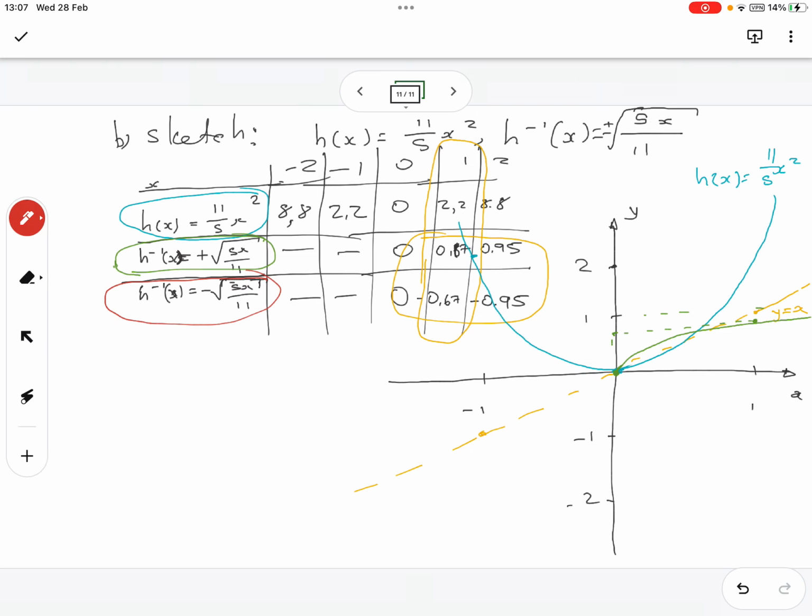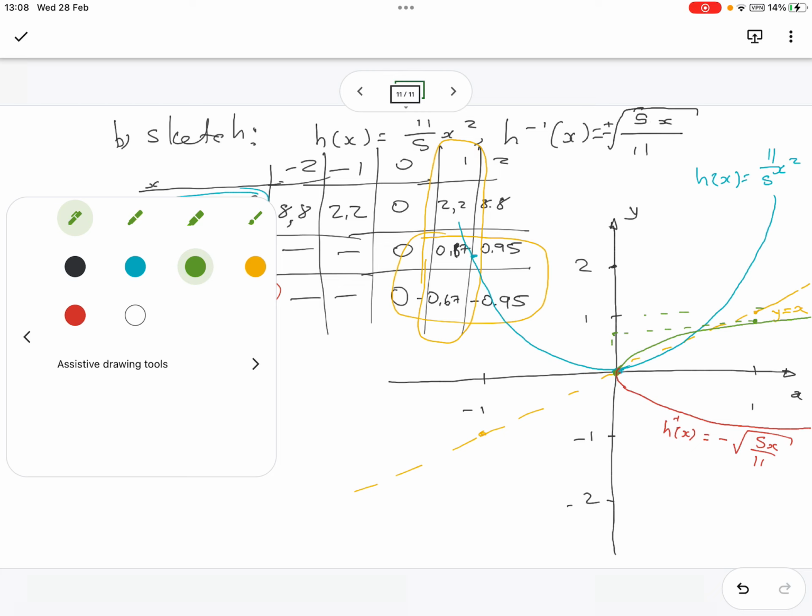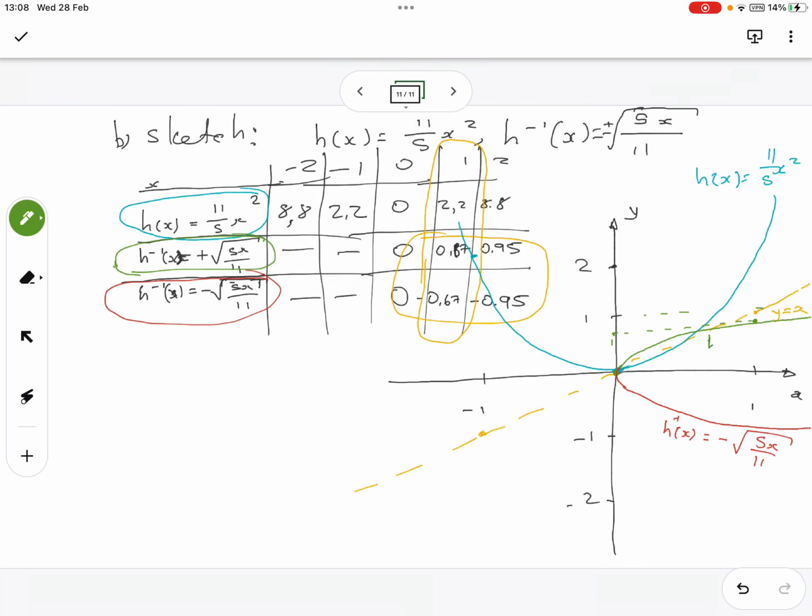Then for the negative half of h inverse, we'll also have something similar. So this would be h inverse of x is negative root 5x over 11. The green one, h inverse of x, is positive root 5x over 11.